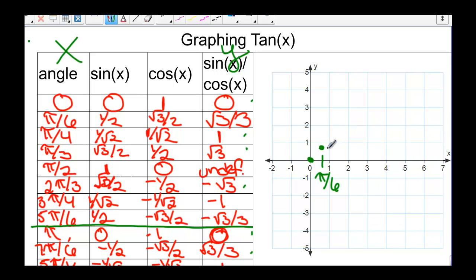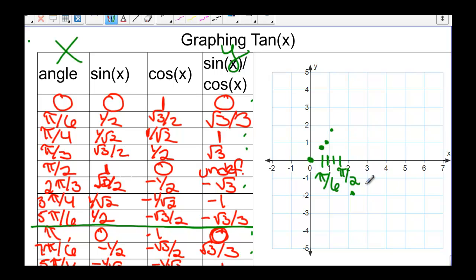At pi over 4, we are at 1. At pi over 3, we are at square root of 3. And then we're undefined at pi over 2. And then at 2 pi over 3, we're at negative square root of 3.